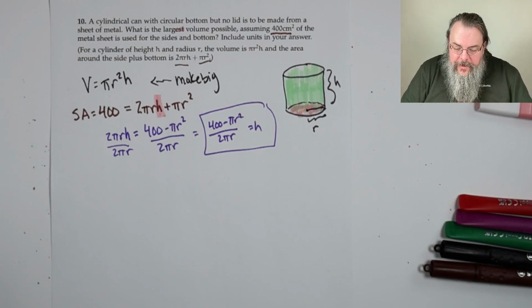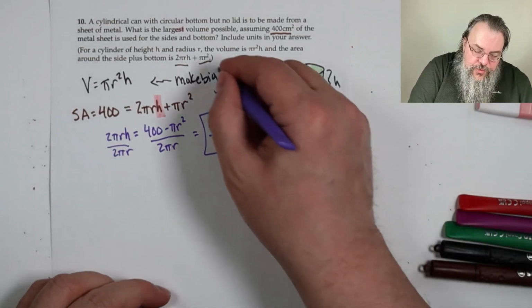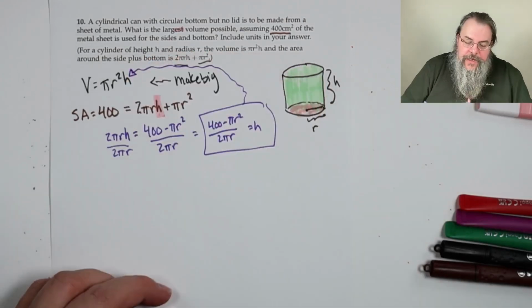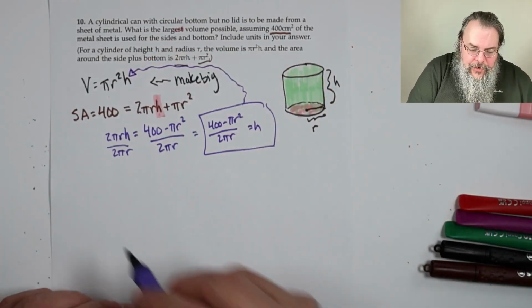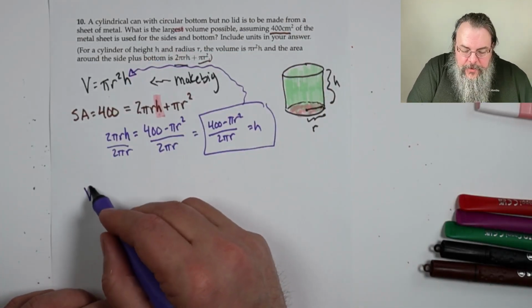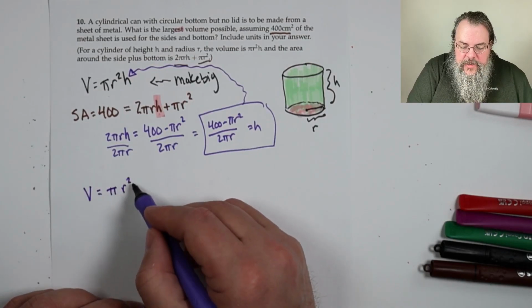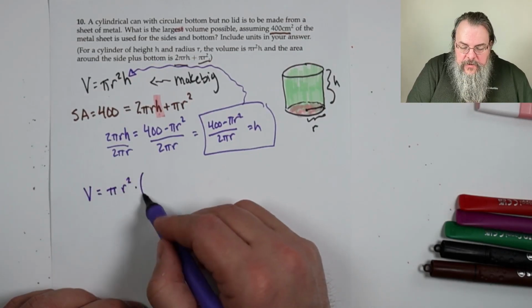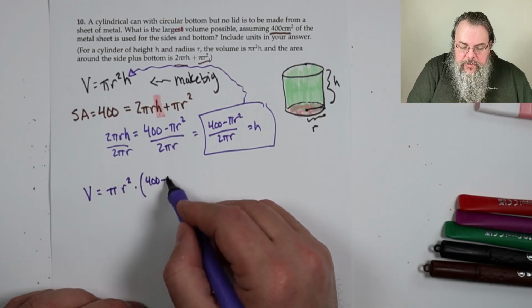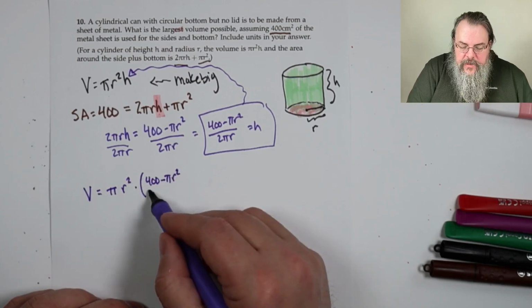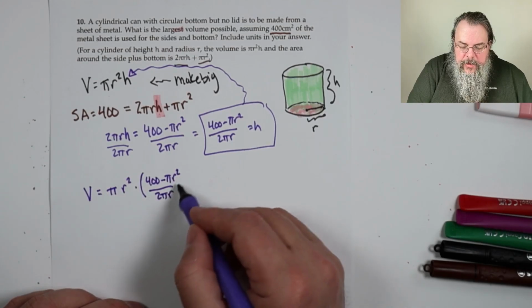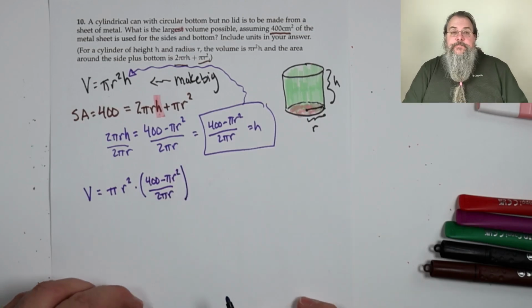All right. Now, we're going to take this h and move it into there. So we get the formula: volume is equal to pi r squared times 400 minus pi r squared divided by 2 pi r. Okay.